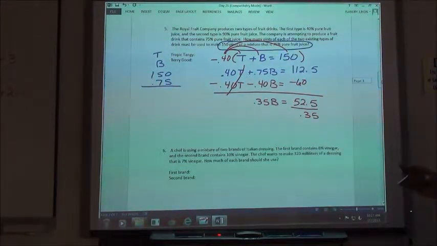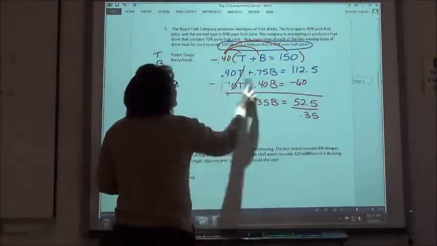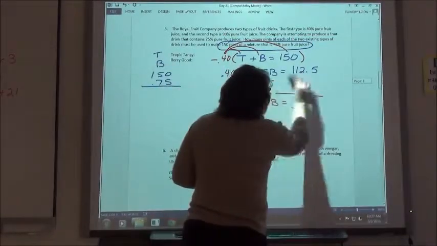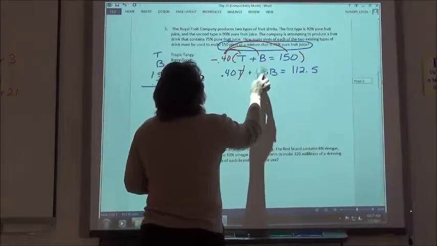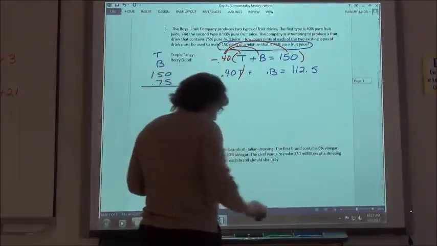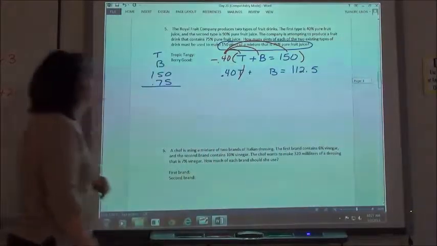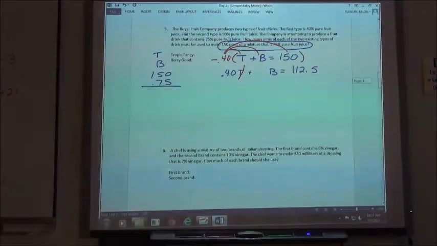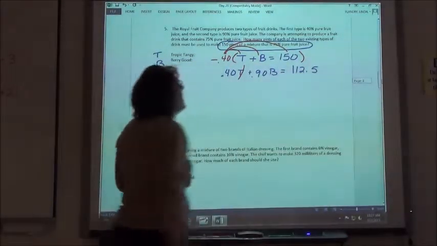No. Never mind, we have our equations wrong. I better pay a bit more attention. We could have 0, but we won't, because this number right here wasn't supposed to be 75%. What percent was type B? Oh, 0.90. That's why that's not working out right.